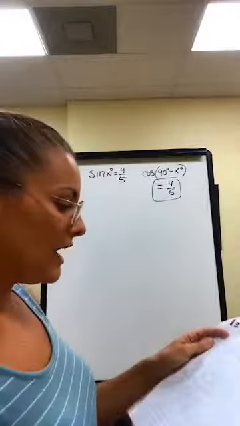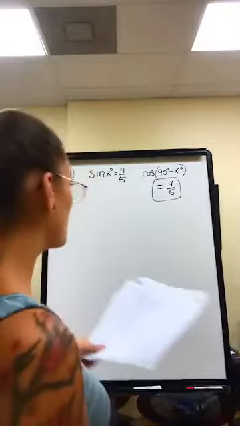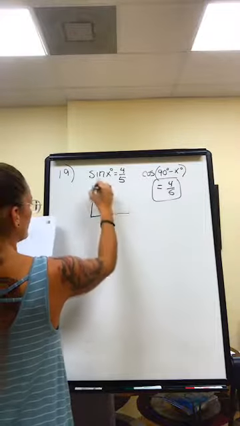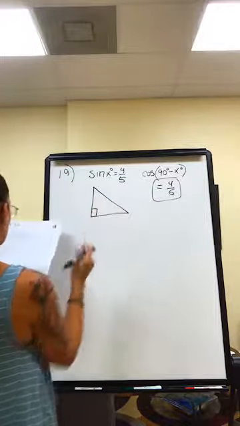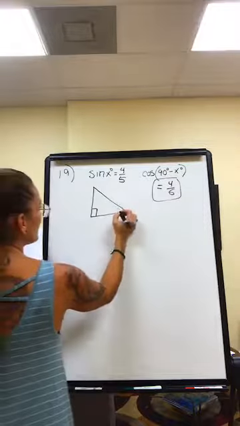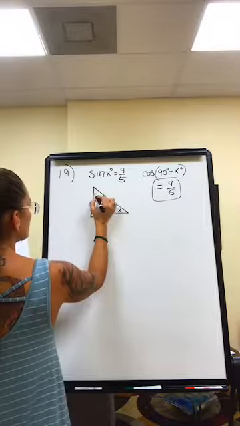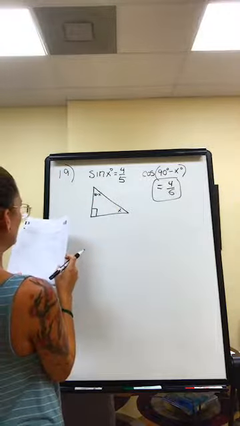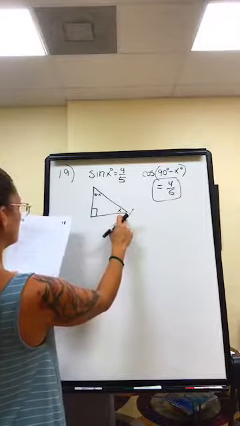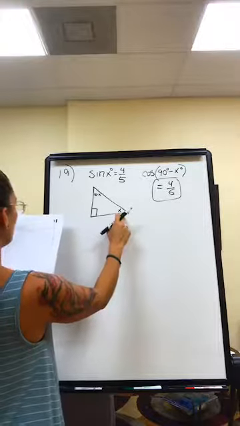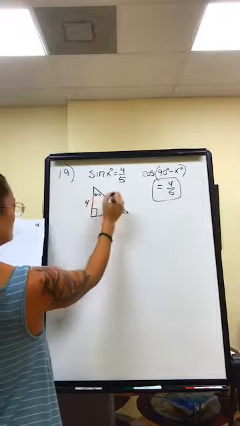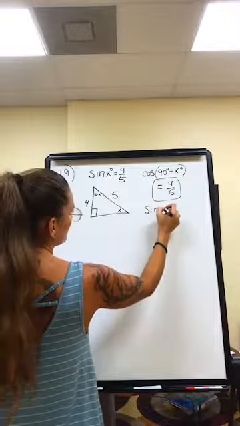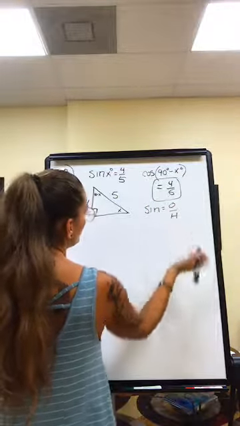If you need a little help remembering, or you're not sure, you can always draw out the triangle. So we have a right triangle. Let's put x over here, 90 minus x up here. If sine of x is 4/5, that means the opposite is 4, hypotenuse is 5, because sine is opposite over hypotenuse.